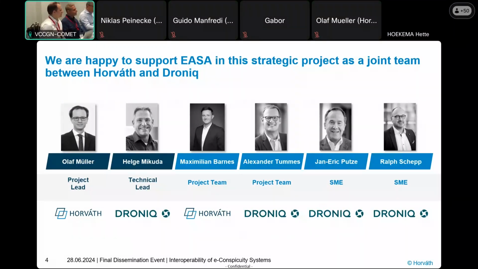And the colleagues from Dornick who are also here in the room, Alexander and also Ralph. And then there are some colleagues who are not in the room, like Jan Erik, who also supported on the project, and also, for example, Tom Högge from Deutsche Telekom, who also supported, but could unfortunately not join here.